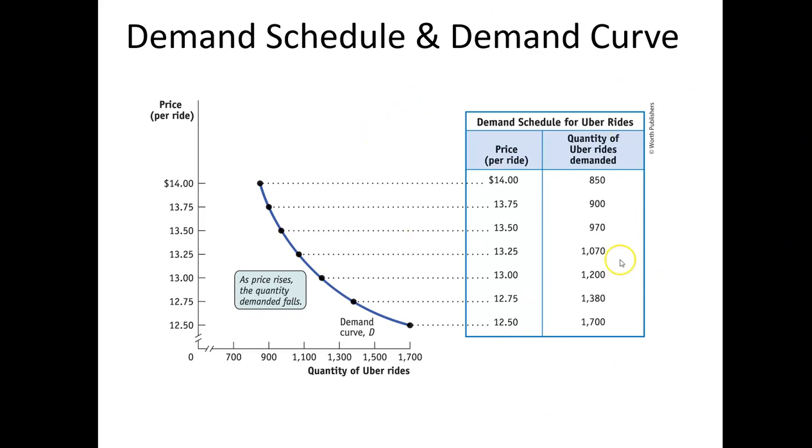In microeconomics, sometimes we'll focus on it as a demand schedule, where we list, at each price, per day or per hour, how many Uber rides people would want to buy if the price per ride was each of these different amounts.